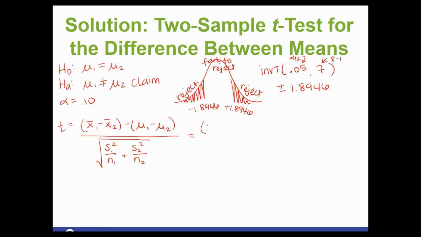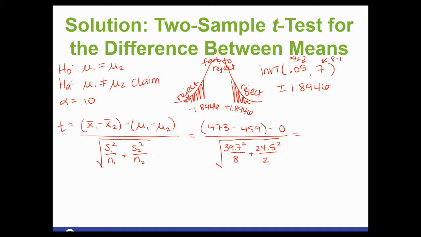So we can start to plug in everything they gave us. Keep in mind we're plugging in 0 for the population mean in the back because we don't have any known difference between the two groups. So we are assuming they are equal from the get-go. And if they are equal and they are the same number, minus itself would give us 0. That's where we get that 0 from.